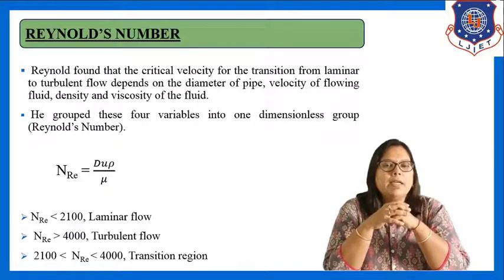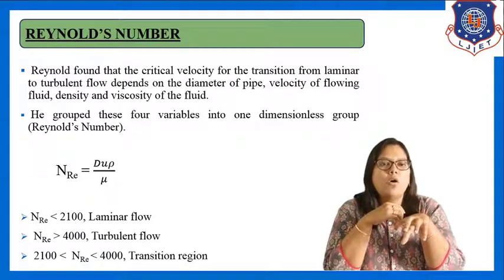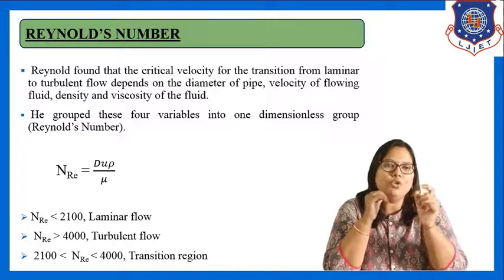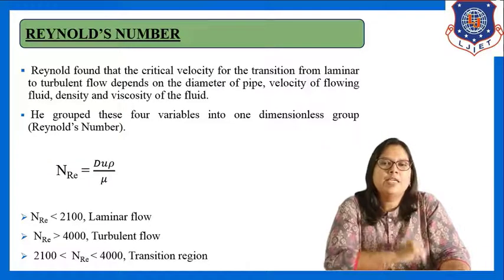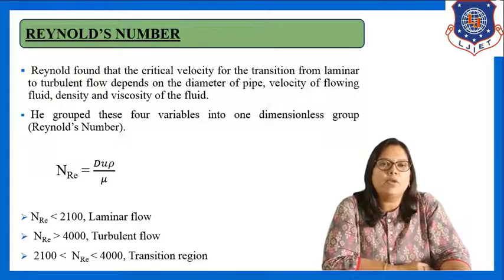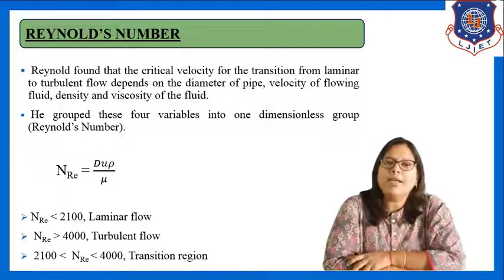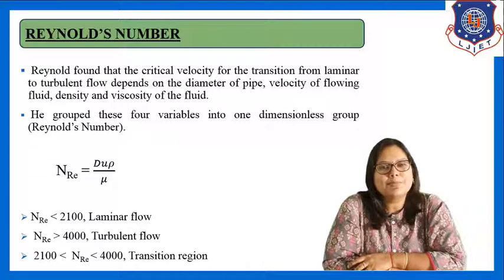And from that, he made a dimensionless number. He grouped all four variables into one dimensionless group known as Reynolds number, denoted as NRE. So NRE equals d u rho by mu, and it is known as Reynolds number.